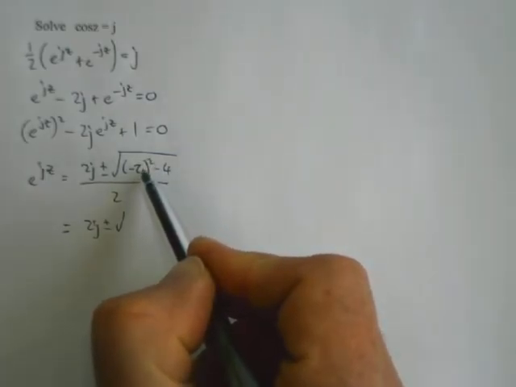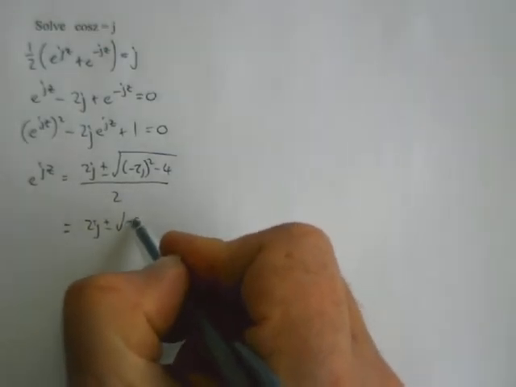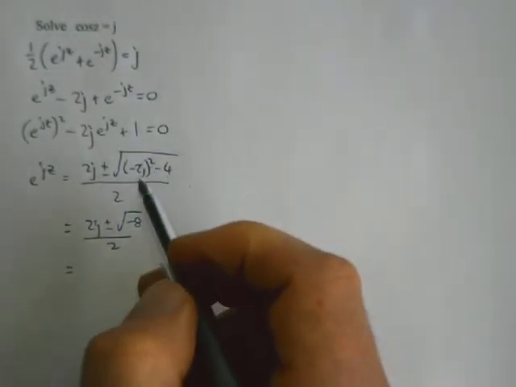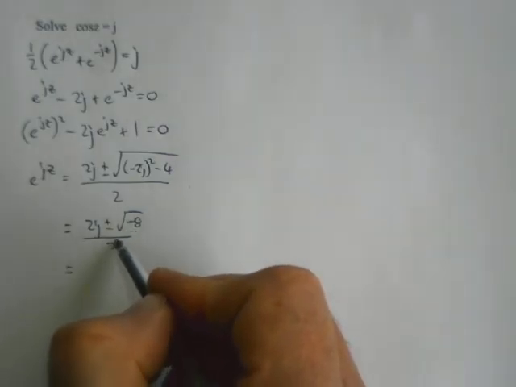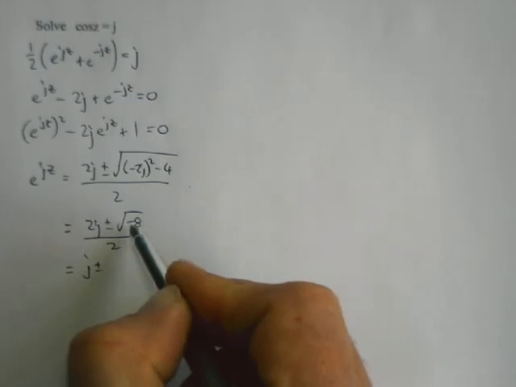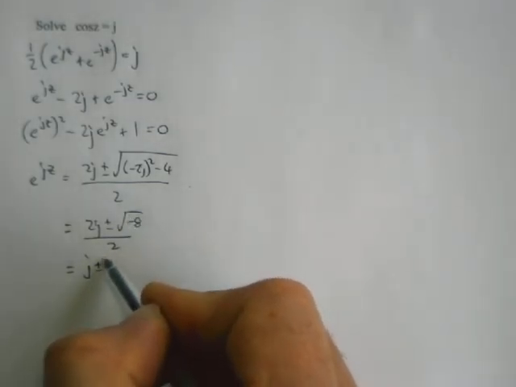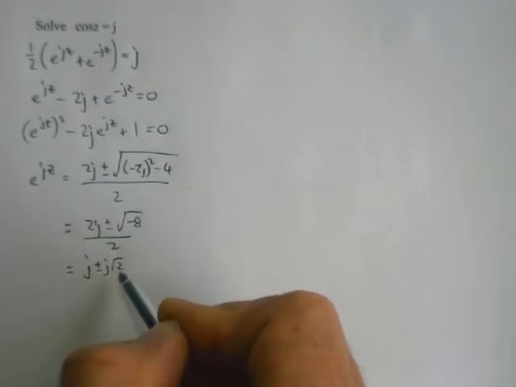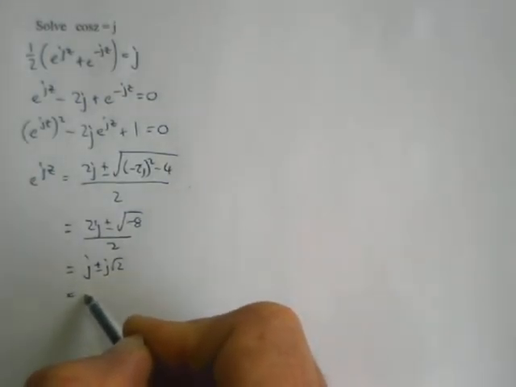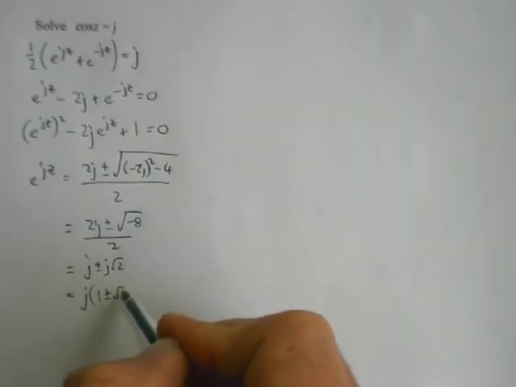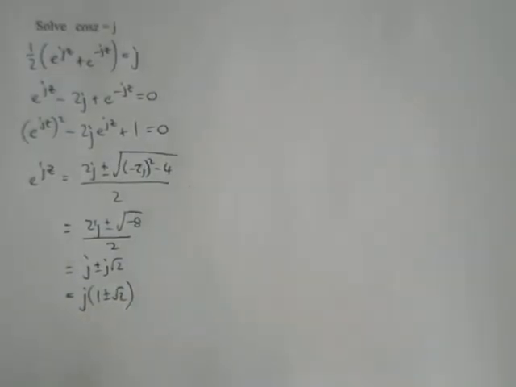We can cancel out some 2's here, so we have j plus or minus, and root 8 is the same as 2 root 2, so cancelling the 2, I'm left with j times 1 plus or minus root 2. So that's my expression for e to the power of jz, which gives us 2 possible solutions, one with the positive root and one with the negative root.